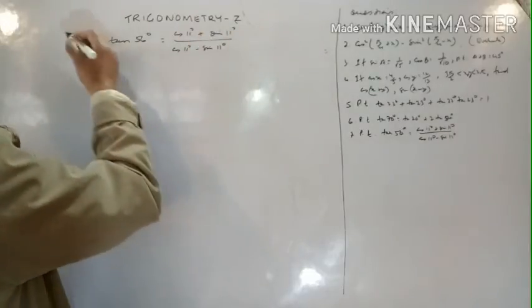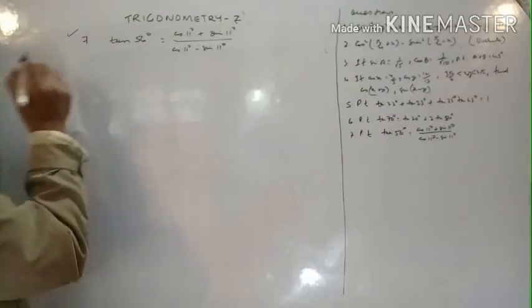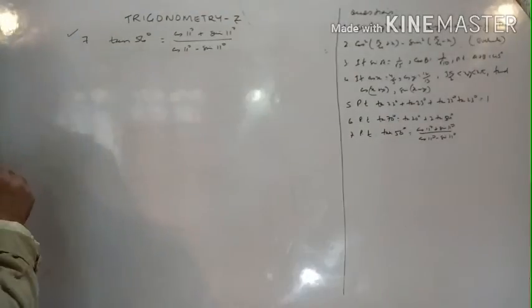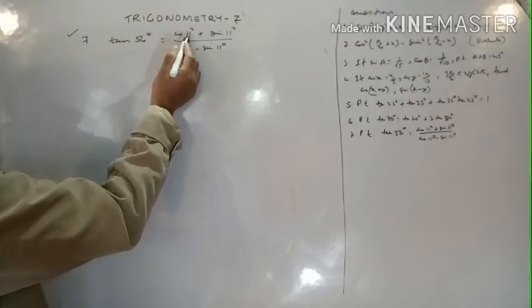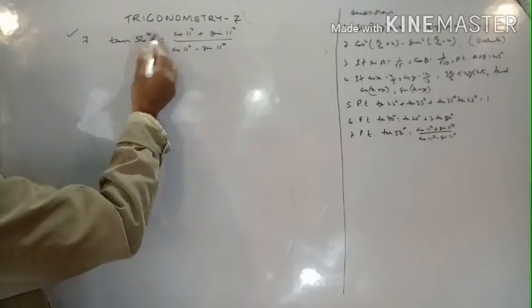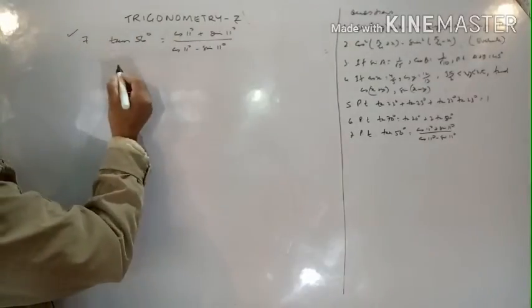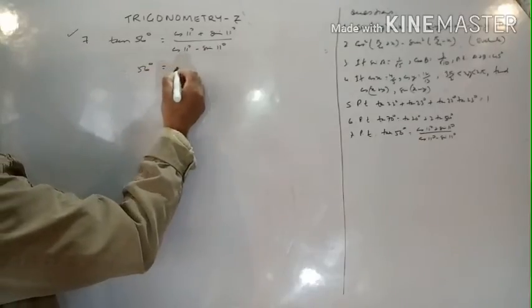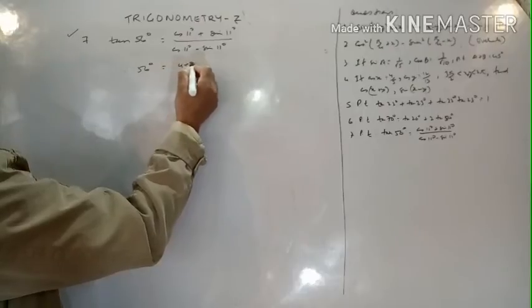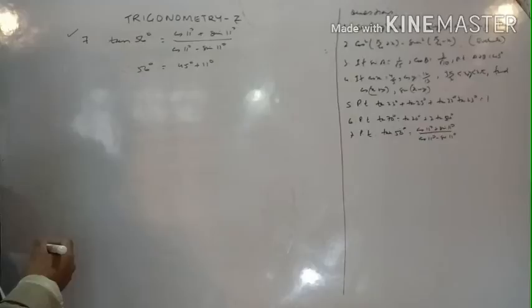This type is important. Here also, 56 and 11 are there. You know 56 minus 11 is 45 and tan 45 is 1, so we use this relation. Therefore 56 degree equal to 45 degree plus 11 degree, because 45 plus 11 is 56 degree.